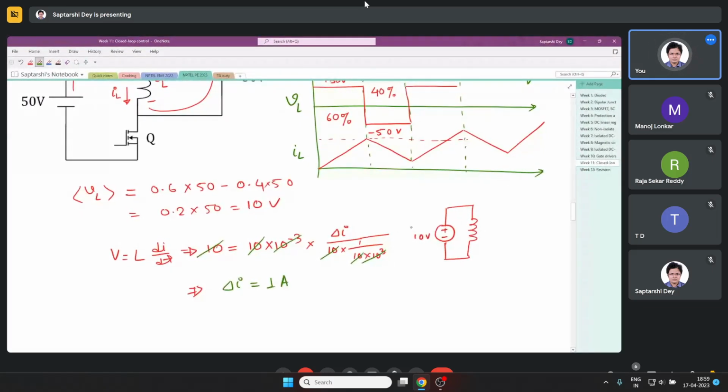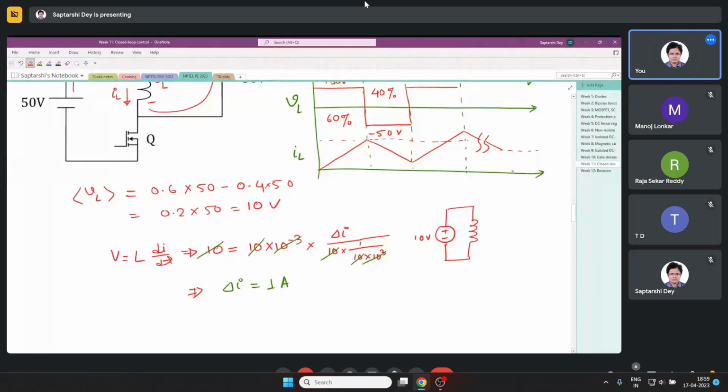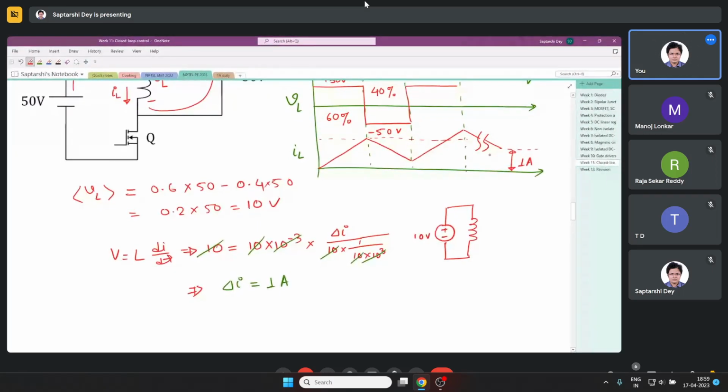So at the end of the 10th cycle, say I draw a break here, my current is somewhere here, so this will be 1 ampere. Instead of doing this, you can do it step by step also.